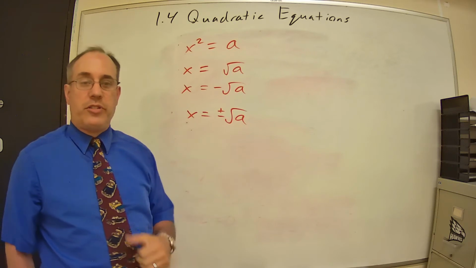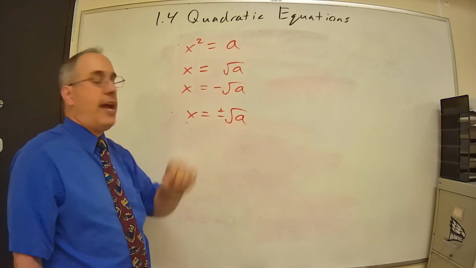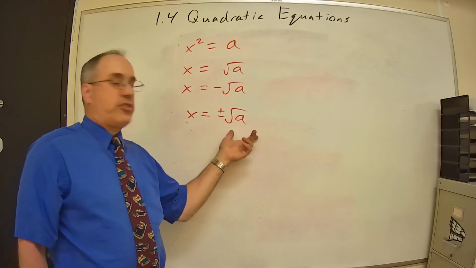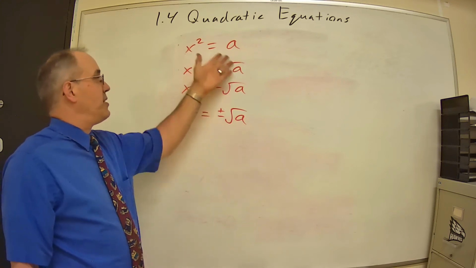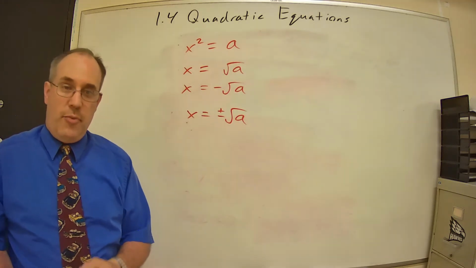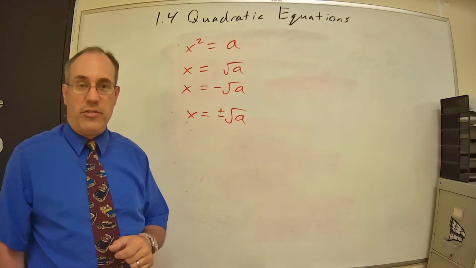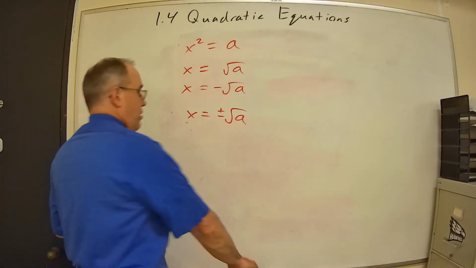So that would be our standard process. Whenever we're dealing with these, if we end up with this square, we have to take the square root of both sides. Don't forget the plus or minus, because if you do forget it, you're going to lose one of the possible solutions.